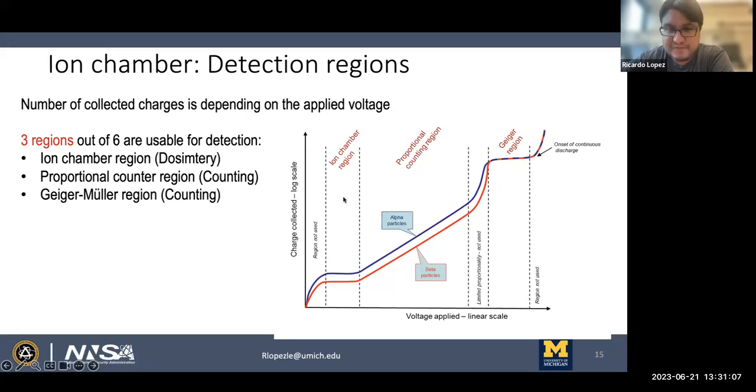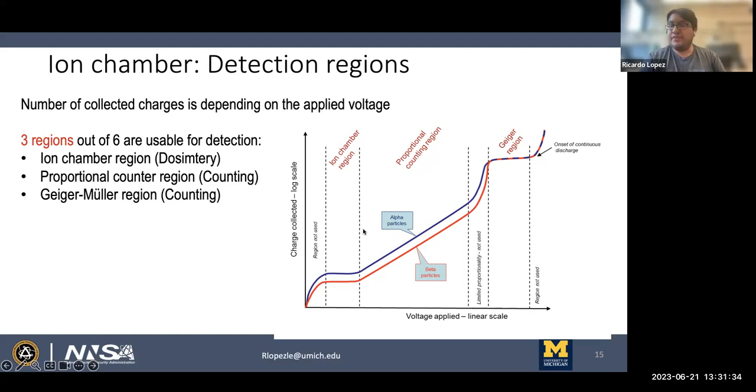However, the next region we call the ion chamber region, where there is sufficient applied voltage such that there isn't recombination and you are getting the full charge. One of the common applications that uses this region would be dosimetry.